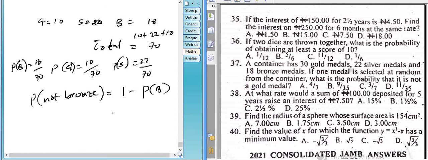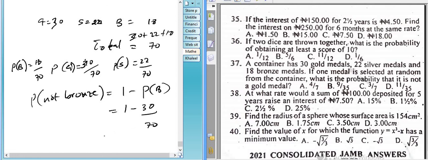So then you know that the probability of not bronze will be equal to 1 minus the probability of bronze.